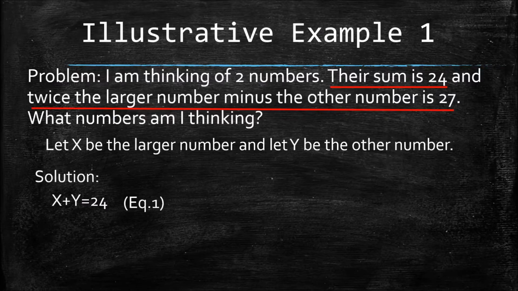The next statement to be translated is twice the larger number minus the other is 27. Since we know that the larger number is x, twice of x minus y is 27. And we write that as 2x minus y equals 27. And we name that equation 2.